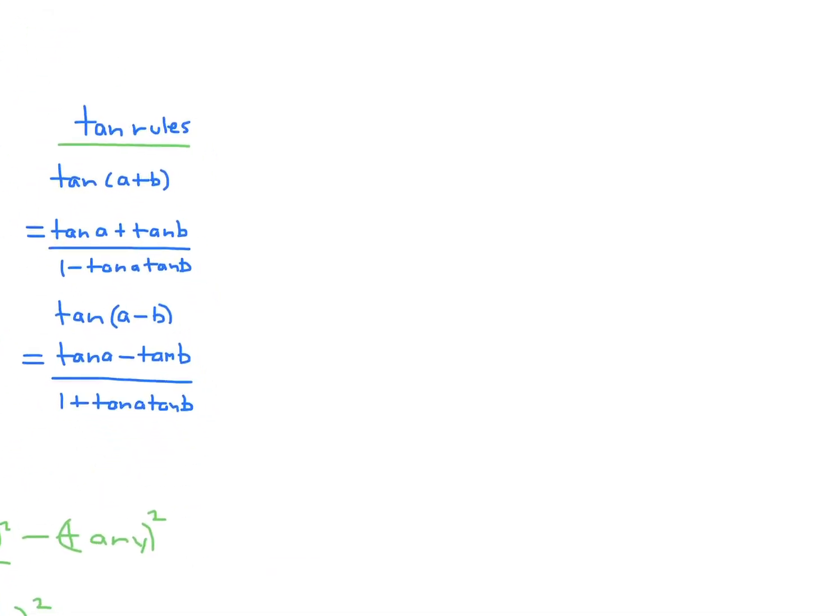Probably keep our tan rules. We might need them. We might not, but let's see. So they're saying that the cotangent of X, cotangent of X minus Y, and the cotangent of Y form an arithmetic progression. So it's like a, a plus d, a plus 2d, like that.